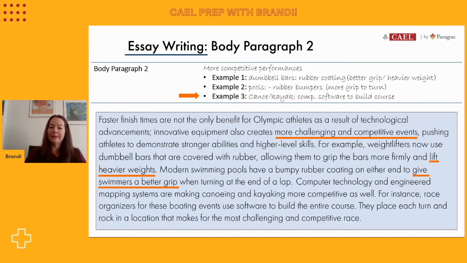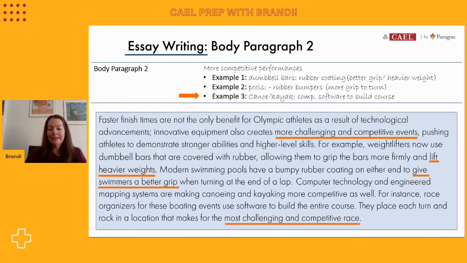So we have here computer technology and engineered mapping systems are making canoeing and kayaking more competitive as well. For instance, race organizers for these boating events used software to build the entire course. They place each turn and rock in a location that makes for the most challenging and competitive race.